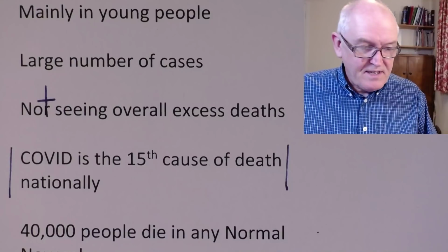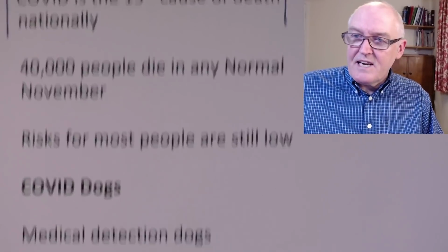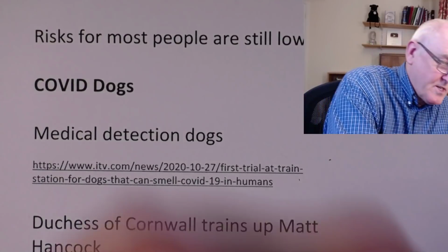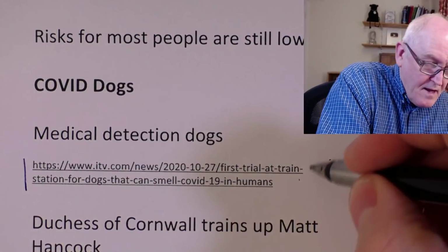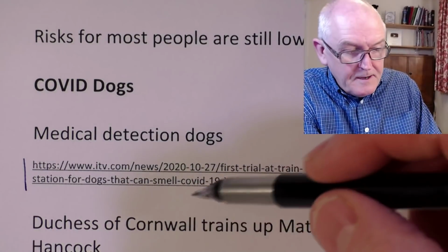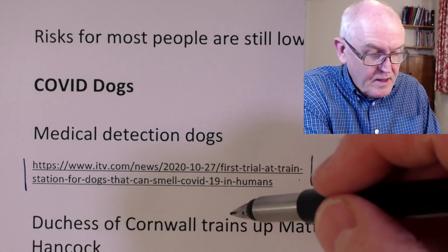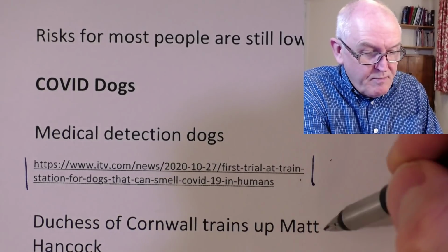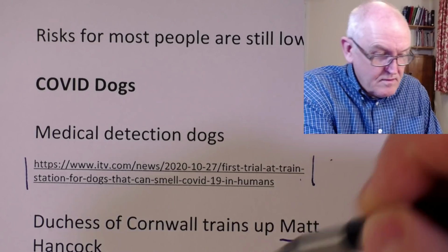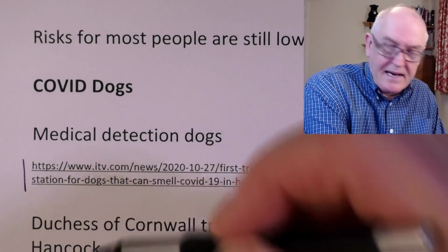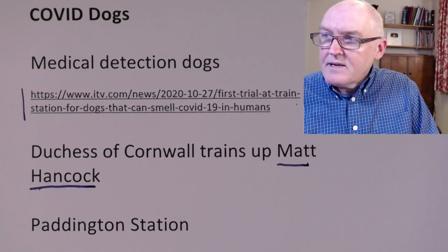Okay, so let's close with a couple of good news stories. Now, whatever you do, try and watch this fantastic video here. Medical detection dogs. I can't play you it because I don't think I'm allowed copyright, but the Duchess of Cornwall trains up Matt Hancock. So the dogs have been trained, and it looks like Matt Hancock is also being trained, which is good.